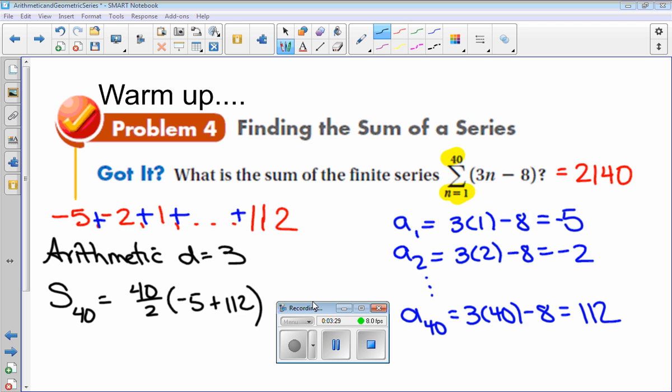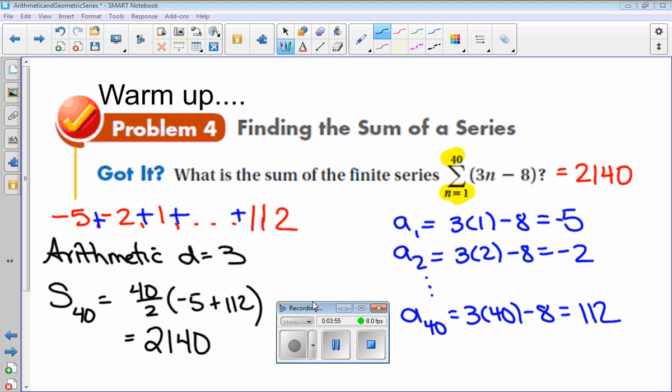So if we type it in, 40 divided by 2 times -5 plus 112. And I did get 2,140. So the sum formula works just like the calculator, except we had this in summation notation first, didn't we? As opposed to doing it here.